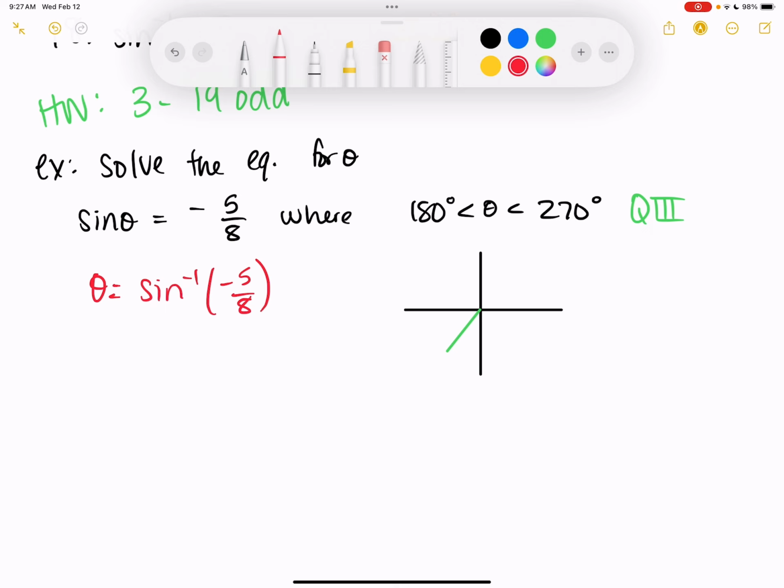Quadrant 4, so over here. Negative? Yes, it says sine of negative 5/8. Sine is y, so it's negative on the unit circle. And then you look for what's on the unit circle that is negative 5/8.